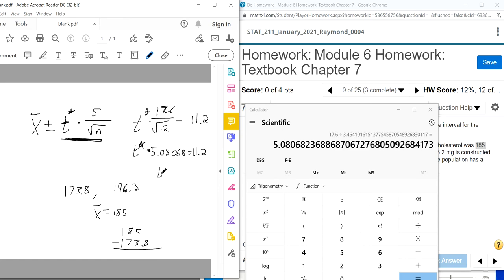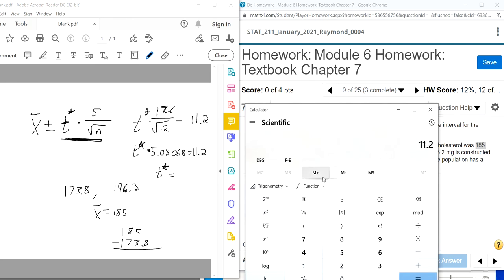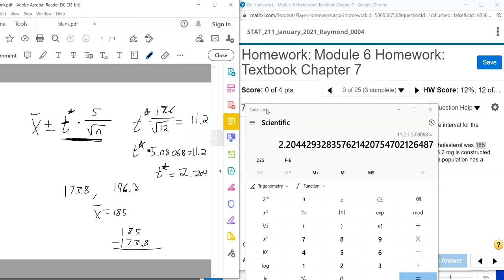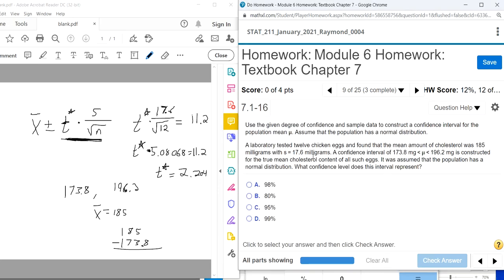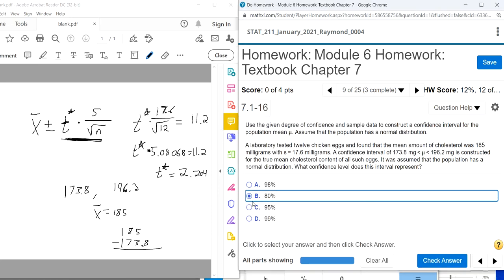So to get t star by itself, I just need to divide both sides by 5.08068. So I'm going to do that in my calculator. 11.2, divide by that decimal number. We get a t star of 2.204. So that's going to help us figure out the level of confidence here.